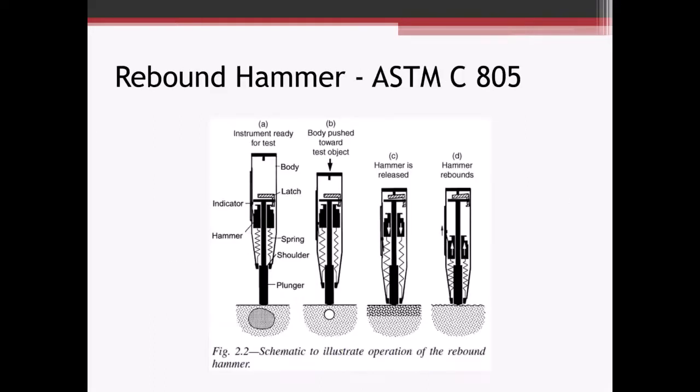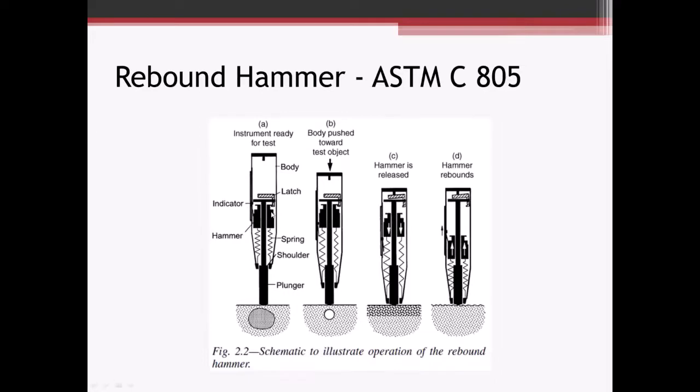So the first one we'll talk about is a rebound hammer, probably one of the most commonly used pieces of equipment to estimate strength. It's a standardized test method, ASTM C900. This gives you an idea what's happening inside the rebound hammer. You've got a calibrated spring, we know what that spring constant is.